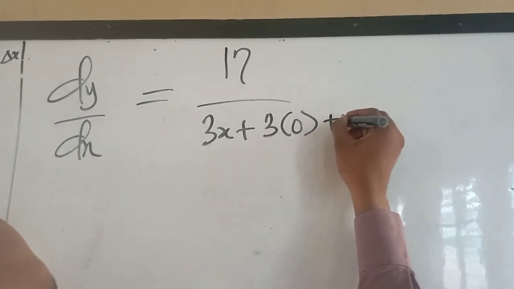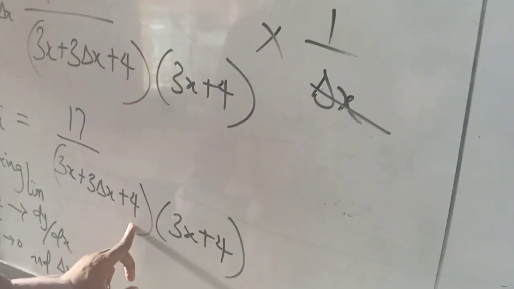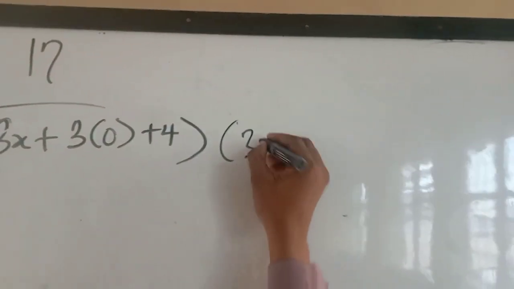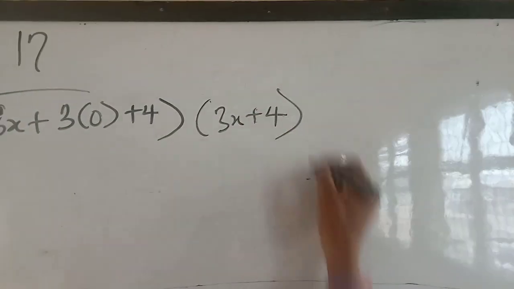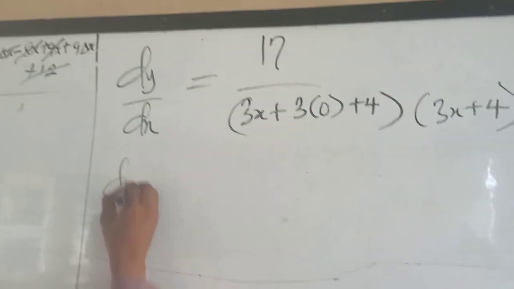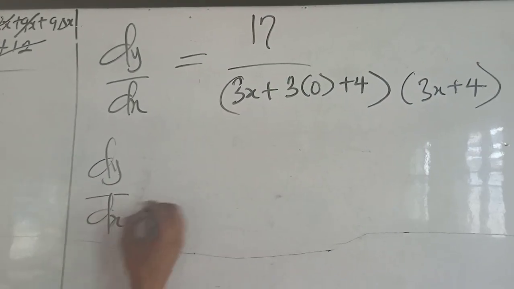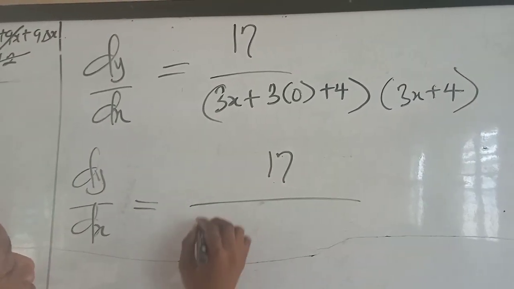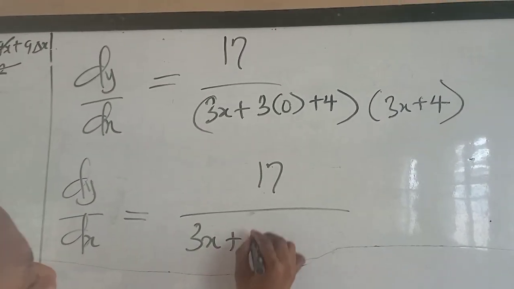Then plus 4. This is the form I'm talking about. Close the bracket. Then here now we have 3x plus 4. So at the end of the day we have dy dx is equal to 17 all over 3x plus 4.